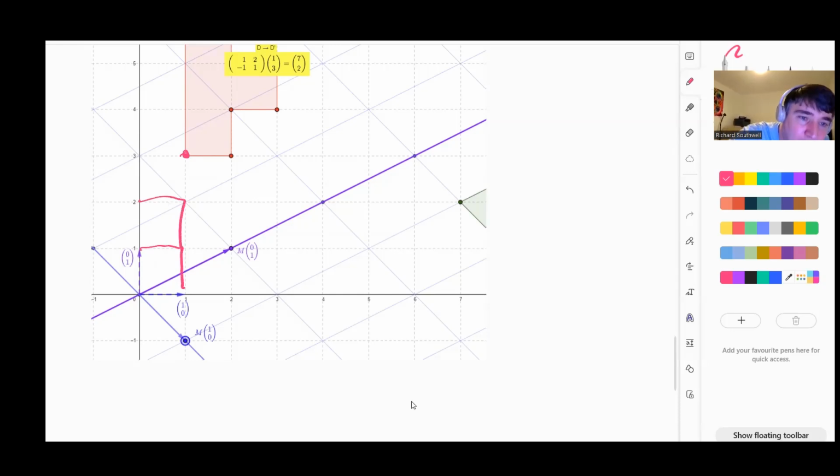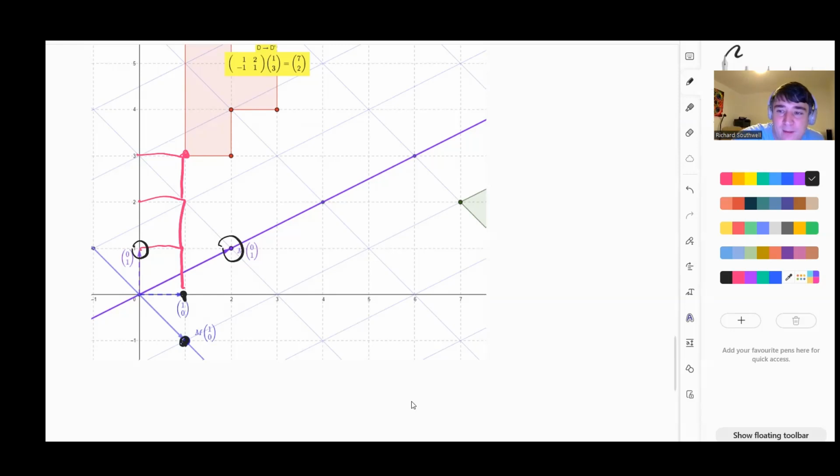And so notice then that really we can describe how to get to this point using these parallelograms here. So squares are certain kinds of parallelograms. And really the point here, I'll just say it very quickly, is that these squares, when we apply our linear map, well, this point here is going to get sent to this point here, and this point here is going to get sent to this point here.